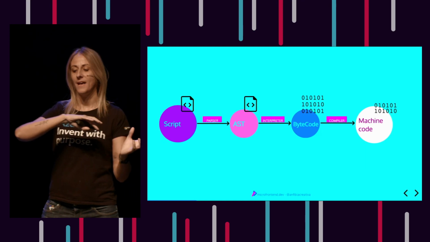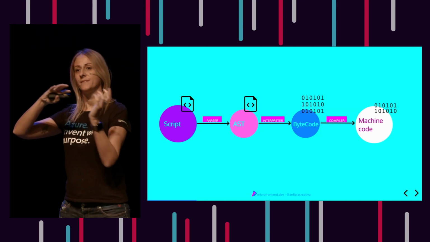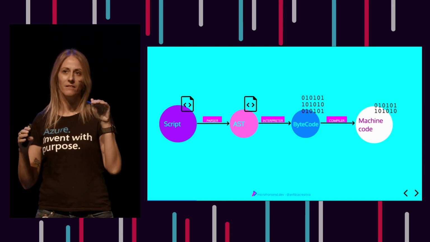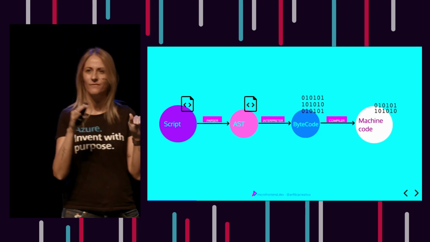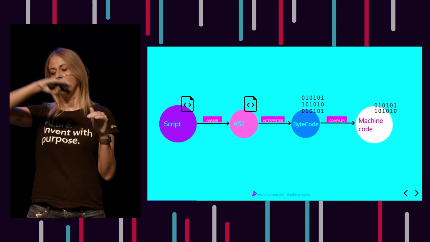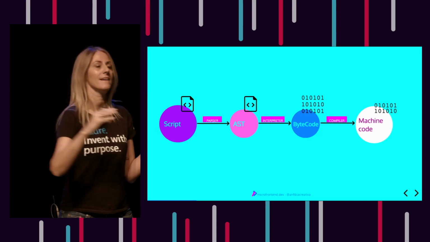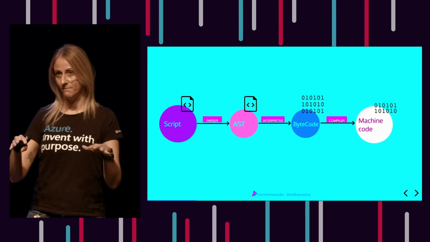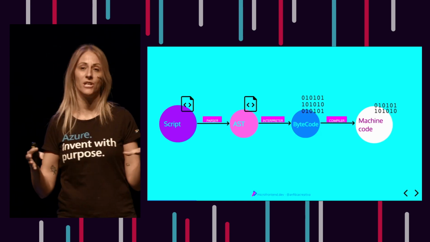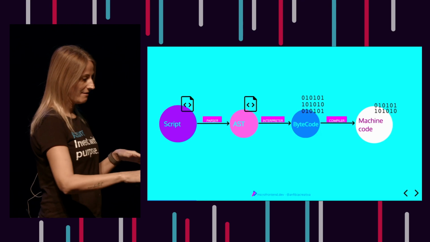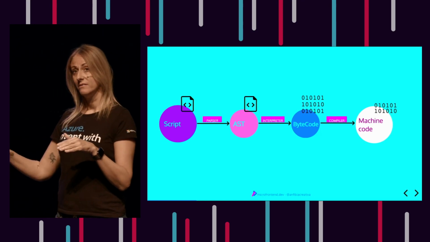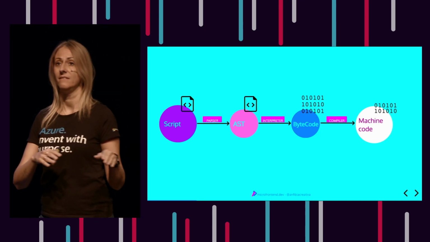Then from that, the interpreter compiles it to bytecode, which is a high-level binary that is not very optimal, and then the compiler grabs that bytecode and turns it into optimal machine code that can be run at a lower level. Because at a lower level, we have higher performance.